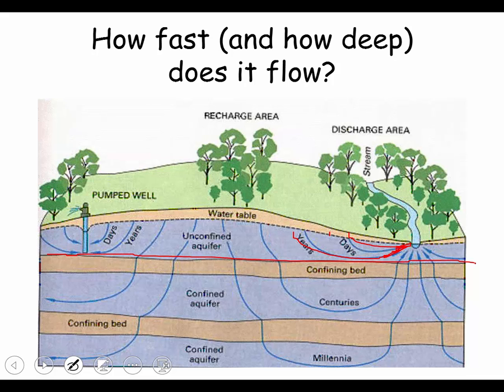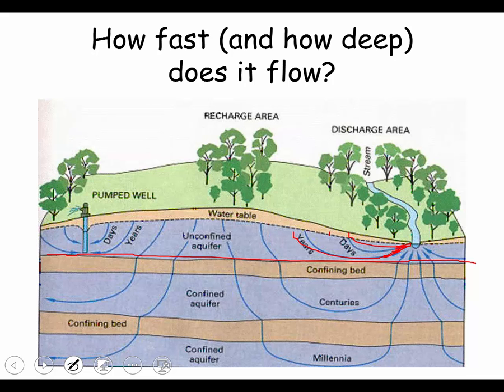Now, it turns out that there are aquifers below these confining layers. In fact, we have aquifer, confining layer, aquifer, confining layer. We'll talk more about that in a moment. But there's some water that seeps down here, and quite literally it can be hundreds or thousands of years old.